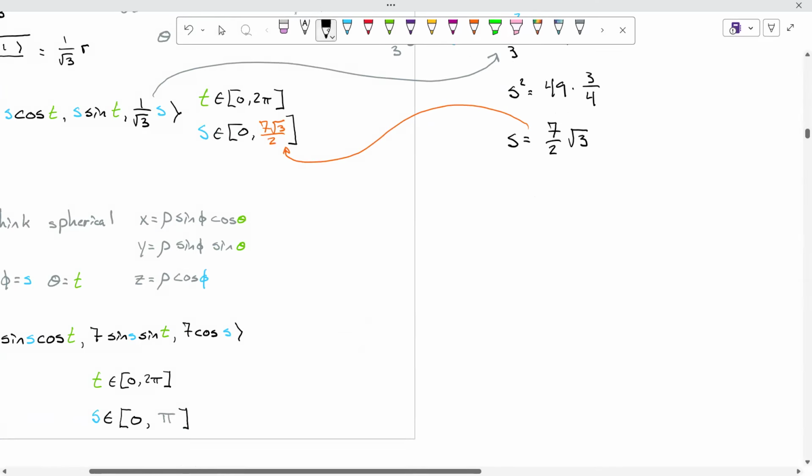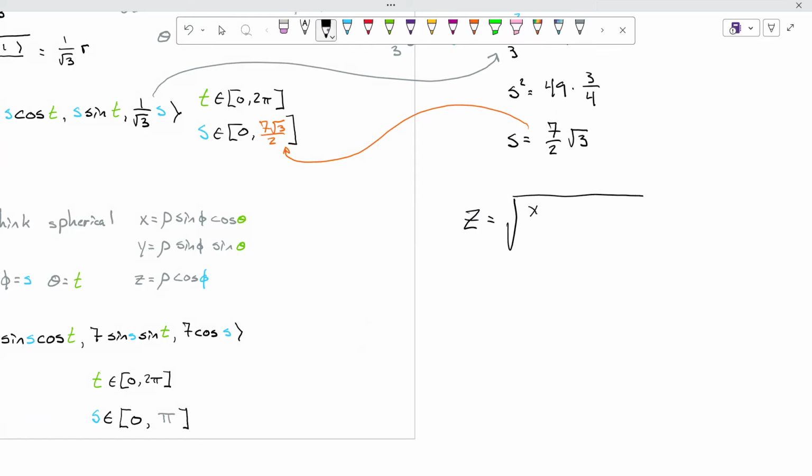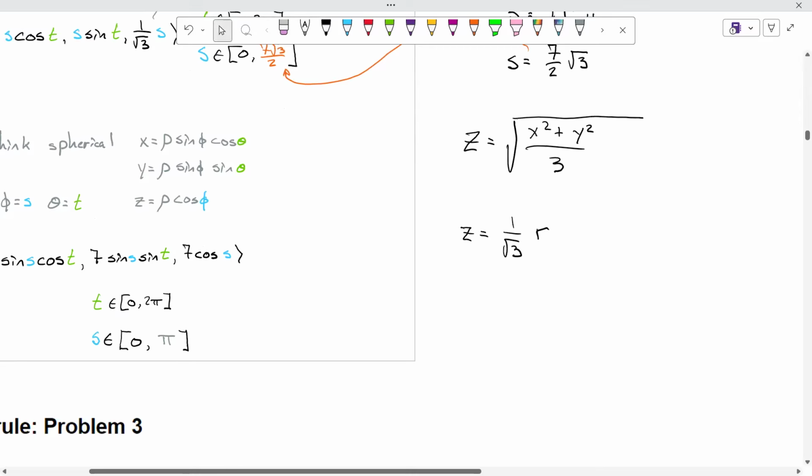I could just go back to the equation of the cone, which is z equals the square root of x squared plus y squared over 3, and then just start making some replacements here, which we know is going to be z equals 1 over root 3 r. Just take a quick stop into cylindrical coordinates, x squared plus y squared again being r, and then I can replace what I know right here.